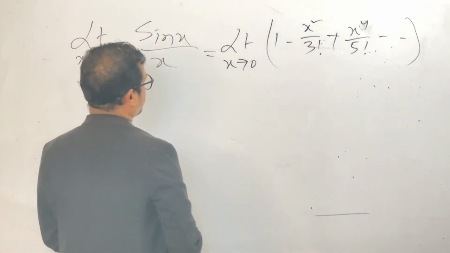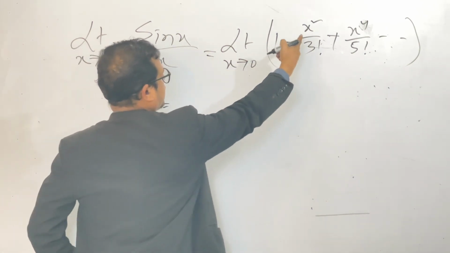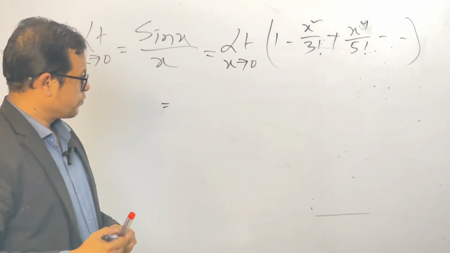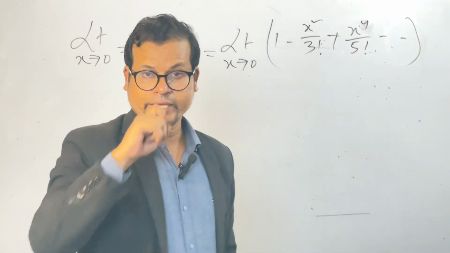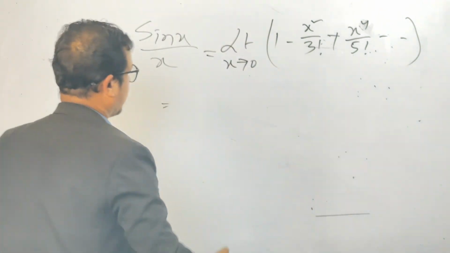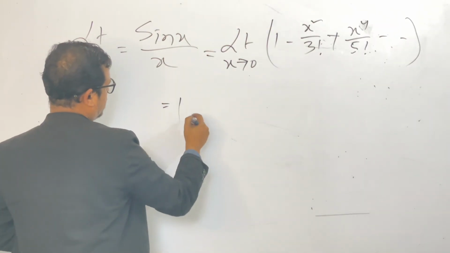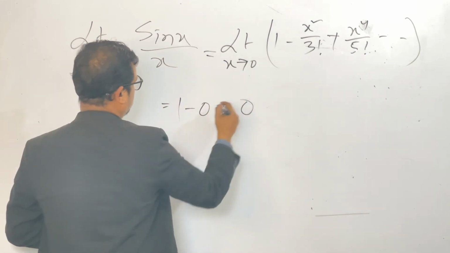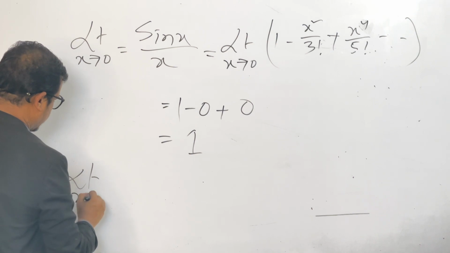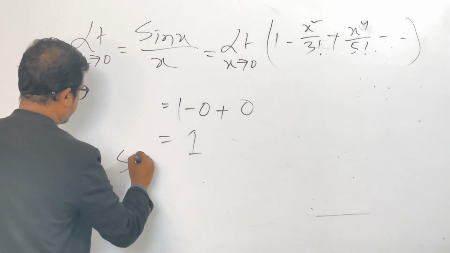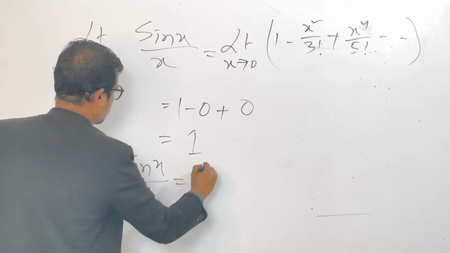Now if we put x tends to 0, then x squared, x to the power 4 and the rest all become 0, and we get only 1 minus 0 plus 0. That means limit x tends to 0 of sin x over x equals 1.